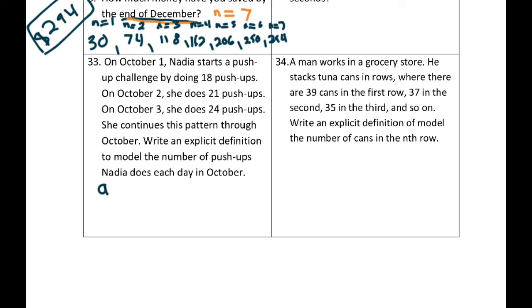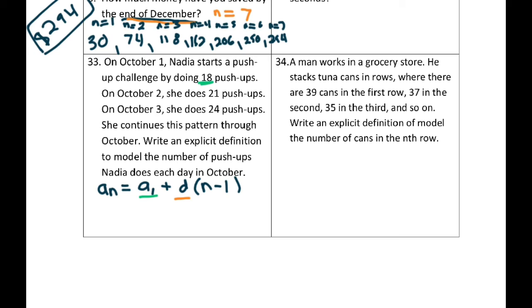So our explicit definition form is a sub n equals a sub 1 plus our difference times n minus 1. And just like our recursive formula, we have to replace our first term and our common difference. Our first term, she starts with 18 push-ups.